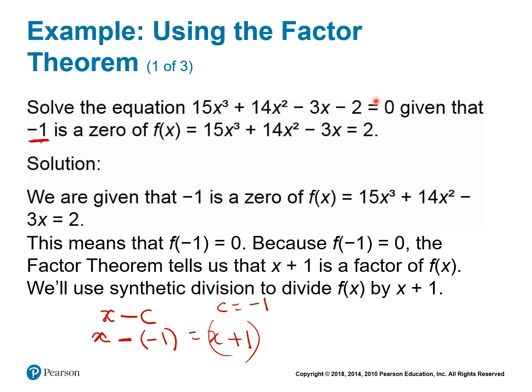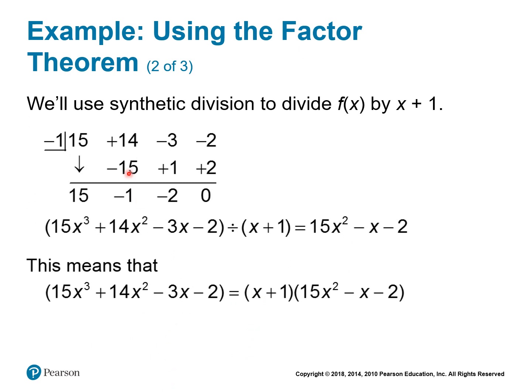Now this will have other factors as well, but x plus 1 is definitely a factor of this polynomial. In the next slide, they are performing a synthetic division using negative 1 for c to verify if the remainder is equal to 0 or not, if negative 1 is indeed a 0 of the function or not.